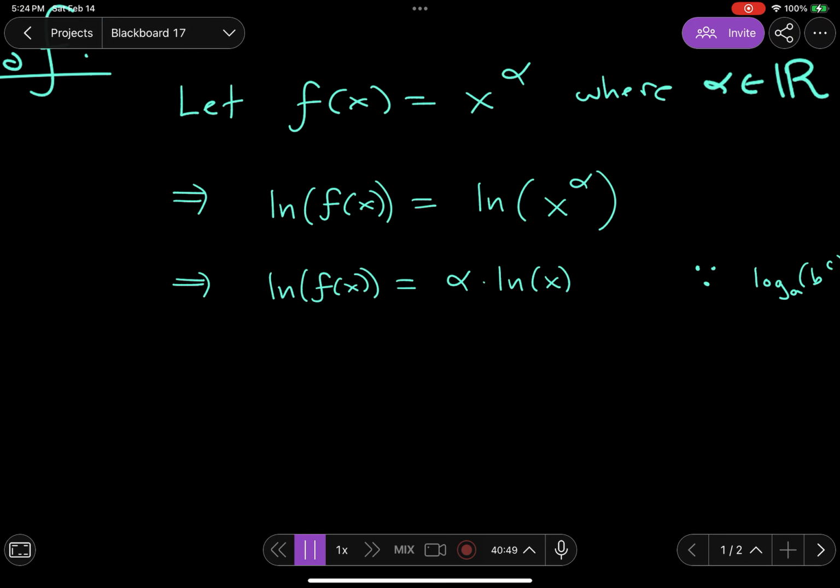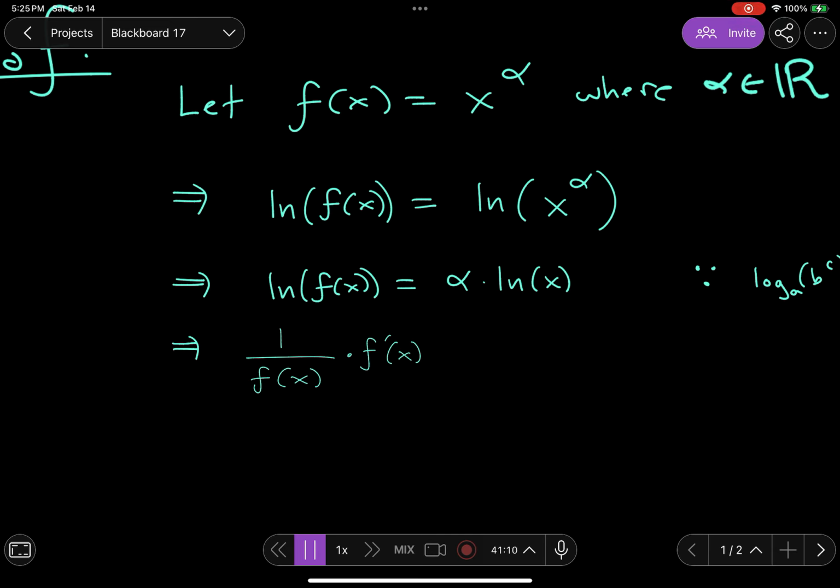But now what I want to do is take the derivative on both sides here. Check this out. Yeah, this is going to work. The derivative of the natural log of something is 1 over that thing, but I have to follow the chain rule. I have to multiply by the derivative of the inside function.